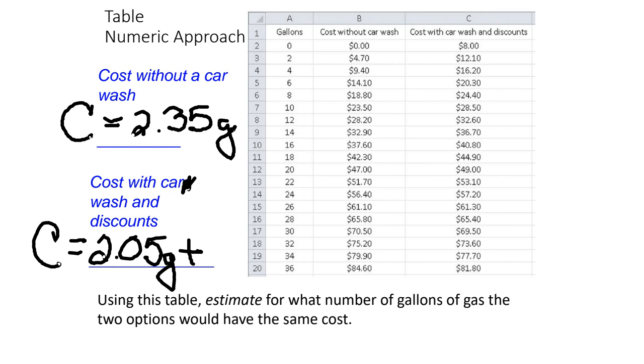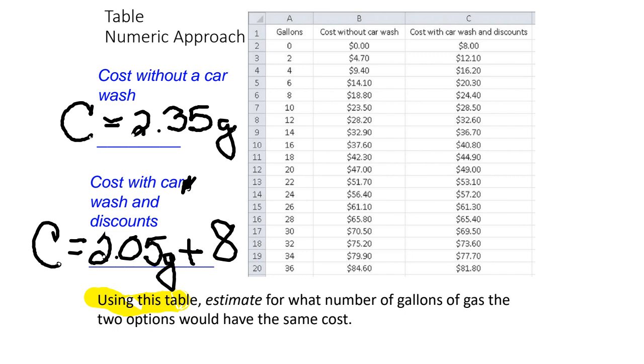Now, I'm writing those equations here because look at what the question is asking. It is asking me to use this table to estimate for what number of gallons of gasoline the two options have the same cost.